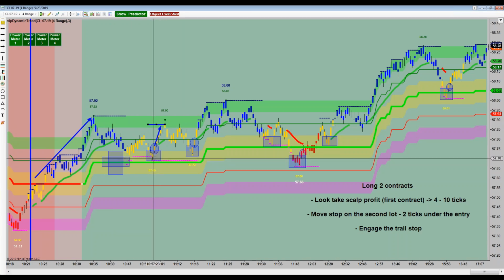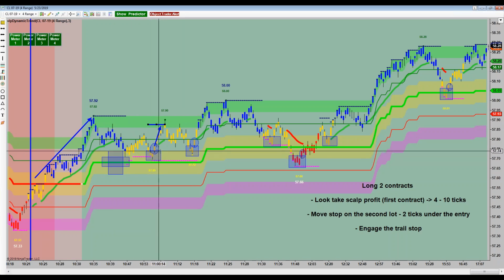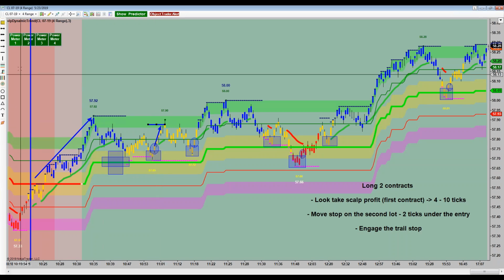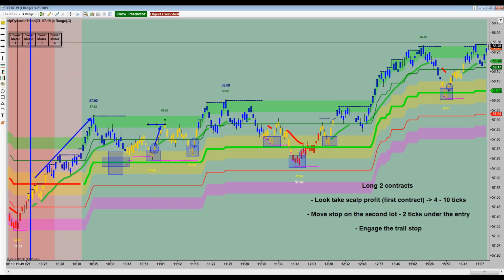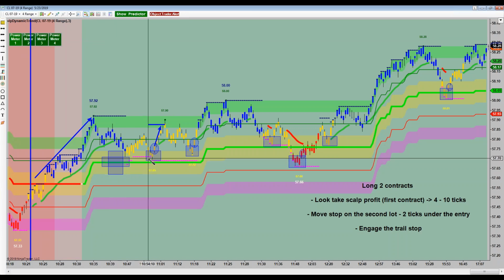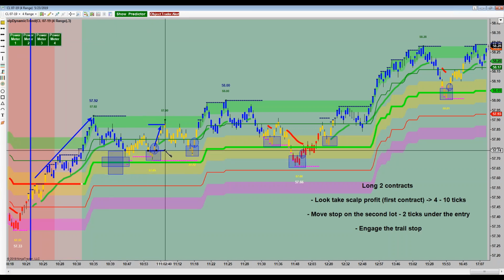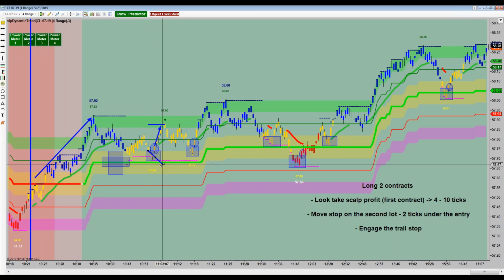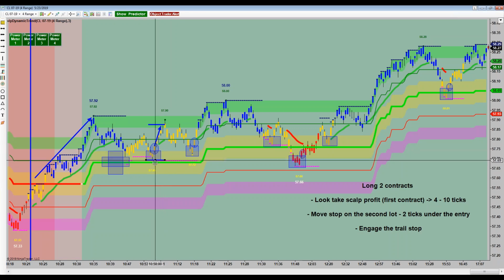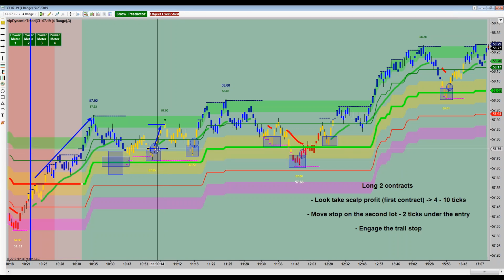And then you take your initial stop to, say, right at break even or 2 ticks behind break even. If you engaged the trail earlier, you could have used, so your initial stop moves from, say, 10 or 12 ticks behind your entry initially up close to where you got in, right? So your initial stop was down here and now it's up here.